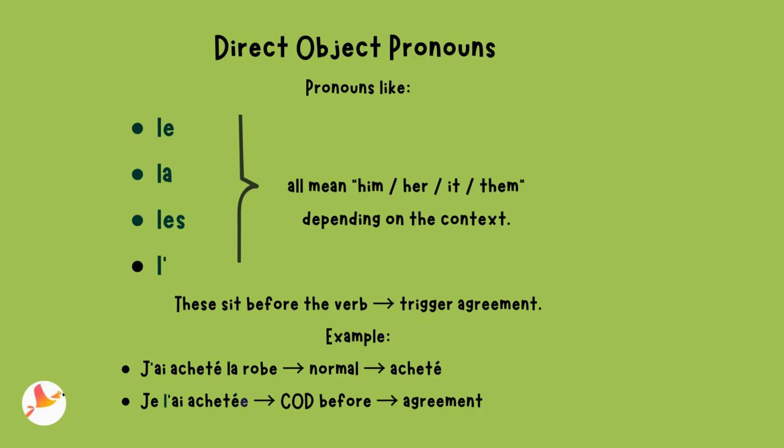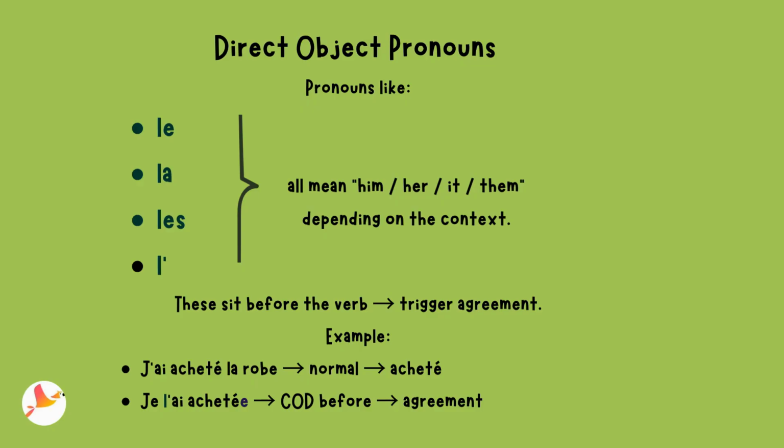However, in the other sentence, we see that acheter has acquired an E because now we are making reference to la robe, which is the dress. It's feminine. Je l'ai achetée, which means I bought it. So the direct object is now replaced with a direct object pronoun. So la robe is now l' in the second sentence.